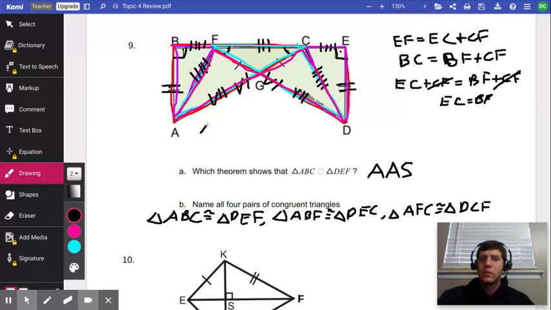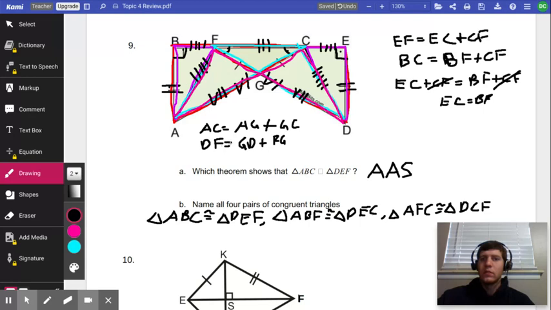So we know AC would be AG plus GC, right? And then we know that DF here is going to be GD plus FG, right?